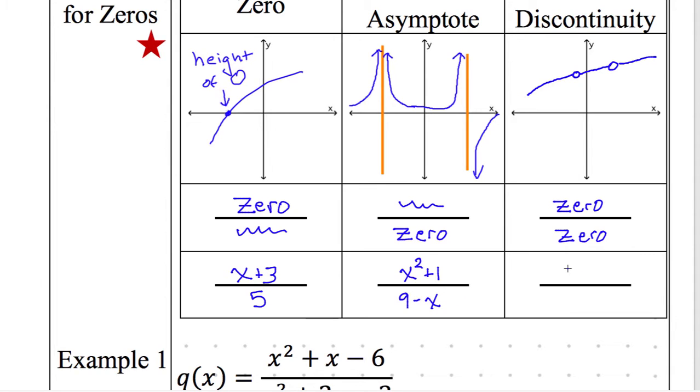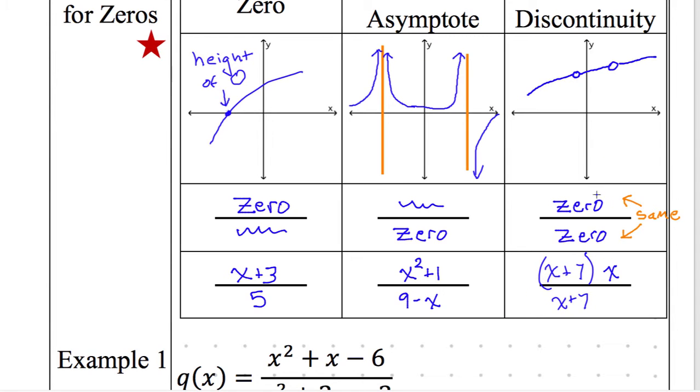All right, and this one is very special. It has to be the same 0. So I'll make a note here. It has to be the same 0, same on the top and the bottom. So an example would be something like x plus 7 on the top and x plus 7 on the bottom, and maybe I can multiply the top by something random. Normally when we're factoring you'd say, just cancel them out.